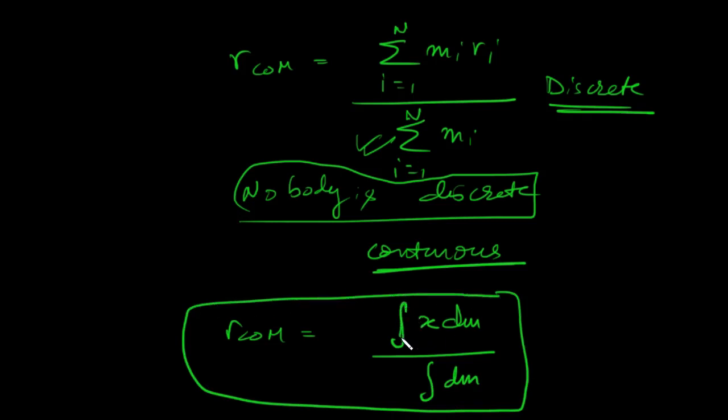Integration of x dm divided by integration of dm, because mass is continuous. Since mass is continuous, we can take an infinitesimal mass dm, and this can be integrated over the points from which the center of mass is to be calculated. Alright, so this is the standard definition now.